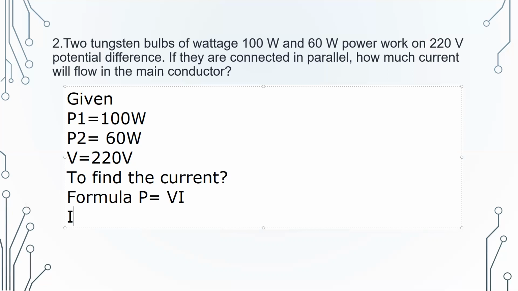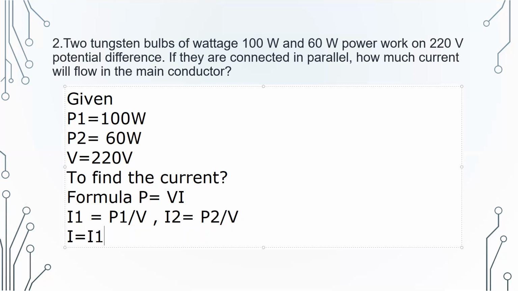From this formula, we can calculate current. That is, current I1 is equal to P1 upon V. And for current I2, we can write I2 is equal to P2 upon V. The total current I will be equal to I1 plus I2.